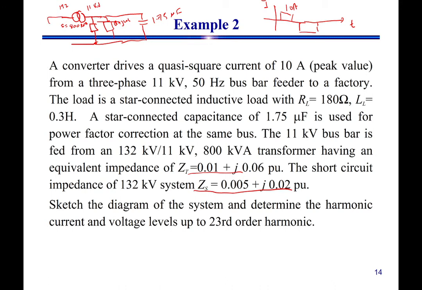So over here we also have a source impedance, and then we have our generator. This one will be Z source. So that will be the equivalent circuit, and it is almost the same as the previous problem.